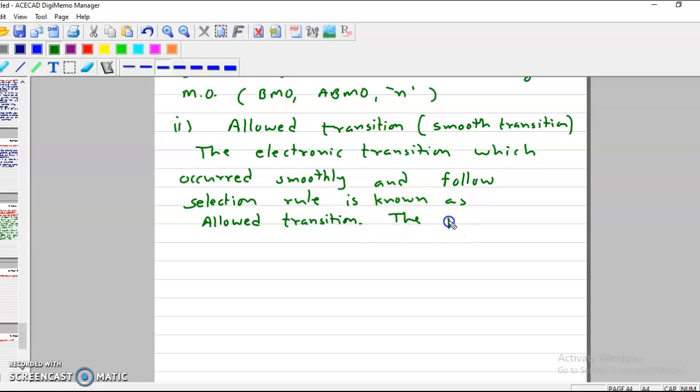The probability of allowed transition by a molecule is maximum.